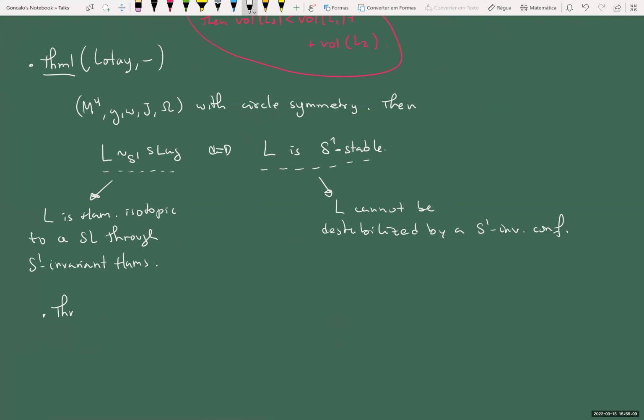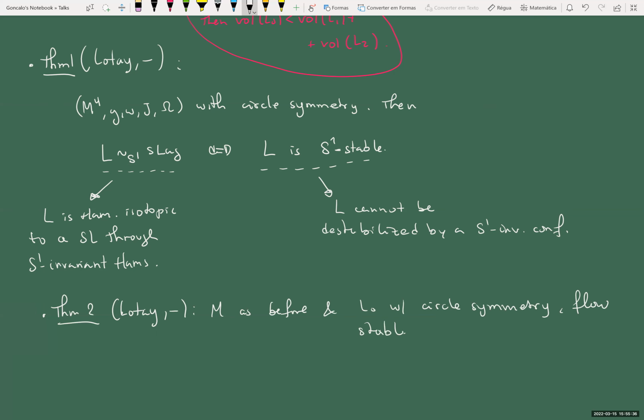And then the second theorem, again by Jason Lotay and myself, says that M as before, and L0 with circle symmetry, flow stable, and almost calibrated.